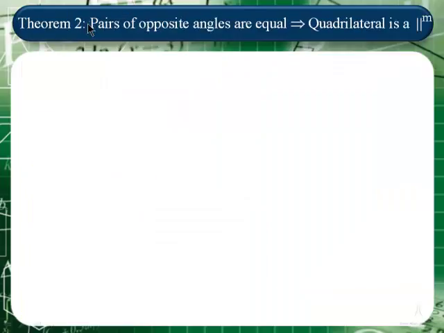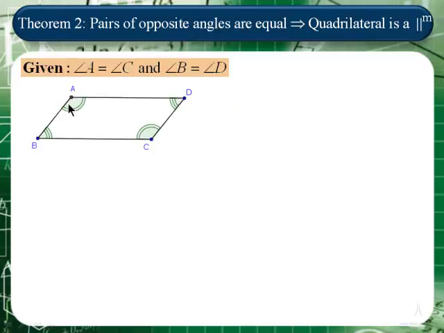We now prove the theorem that if pairs of opposite angles are equal, then the quadrilateral is a parallelogram. So we are given a quadrilateral ABCD with the opposite angles A and C equal, as well as the opposite angles B and D equal.